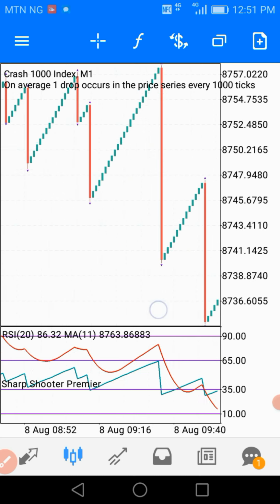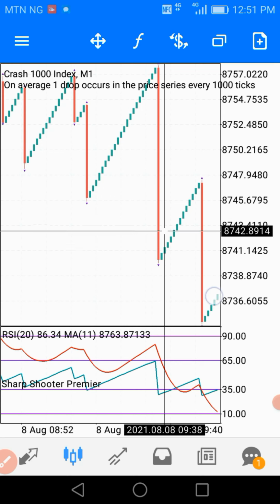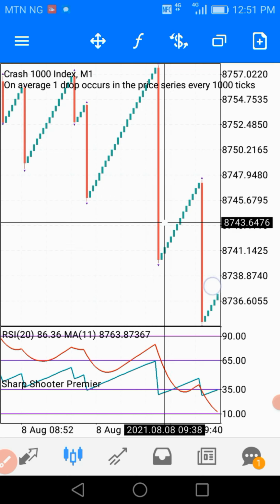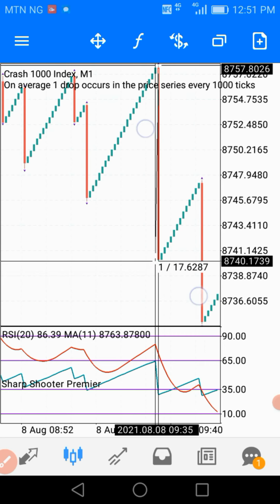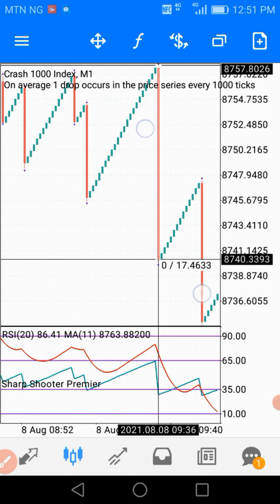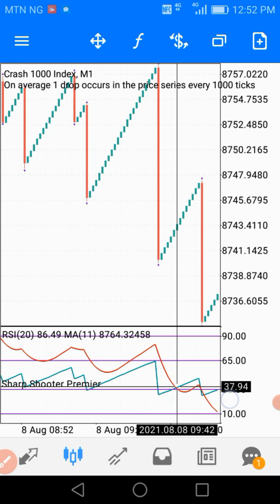All right, guys, now let's look at this. The pip value made was not up to the mark, so this was not valid. This was 17. The crossing here also wasn't so valid.